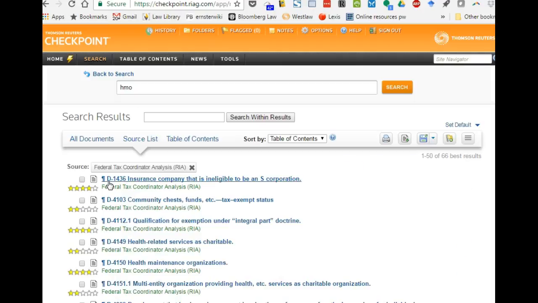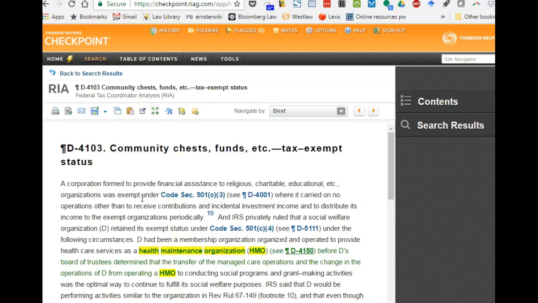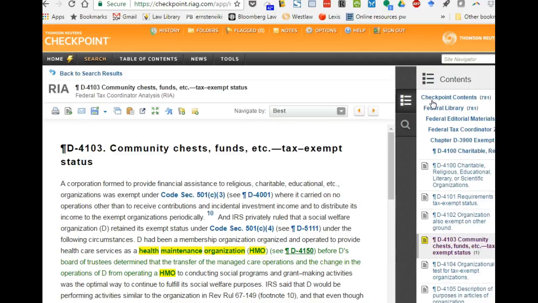I don't really want to check this quite yet. So you can just see what RIA looks like. See, again, they agree with me that contents are important, so you again can see the context of your section.